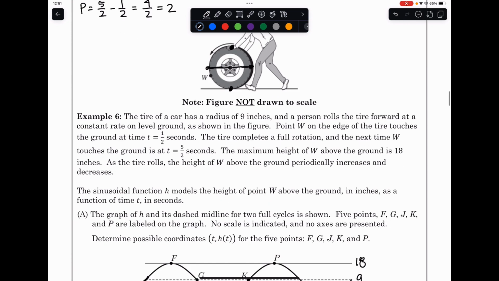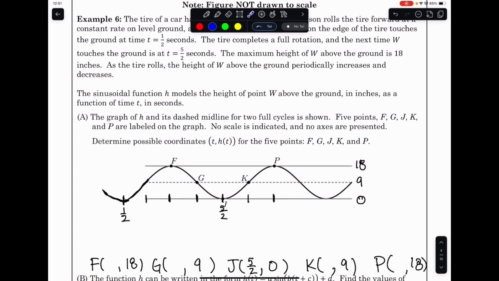Okay, so the period length would be from here to there. Now normally our period matches to this, because we normally start at 0, but since we're starting at 1/2, it takes 1/2 of a second until that point W reaches again the ground.